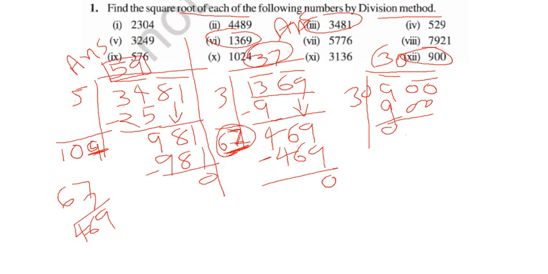So this will be the answer, 30. This is a little bit different than the other one because you don't have two zeros, so you don't have to go any further step, because if 00 is in the number, then in the square root there will be 0. So that's why you have only one. So 30 will be the answer.